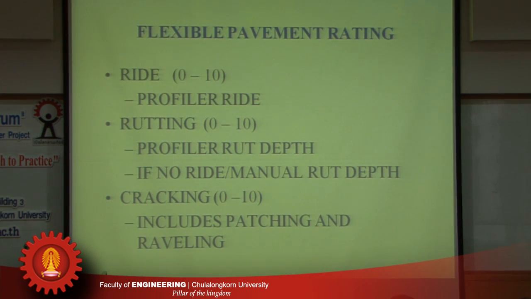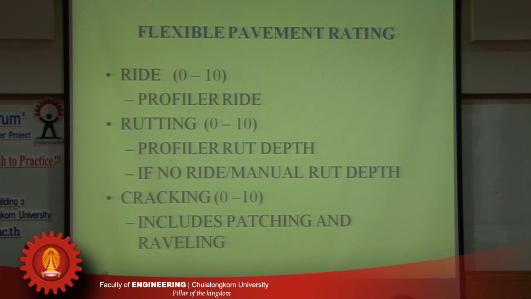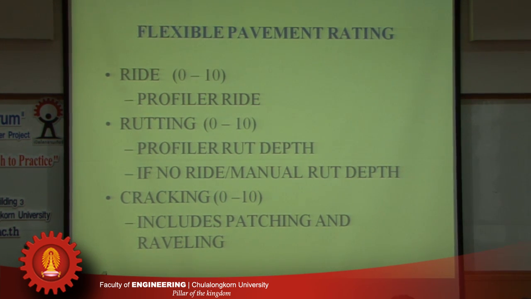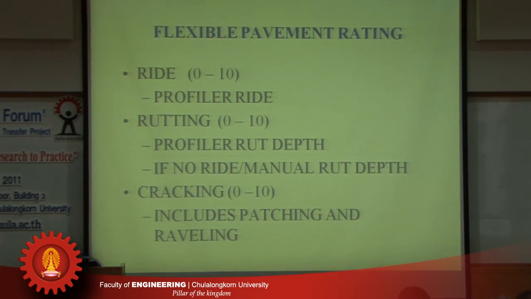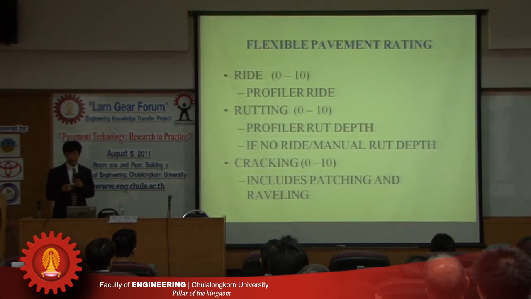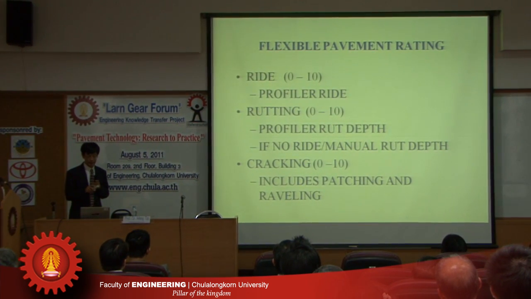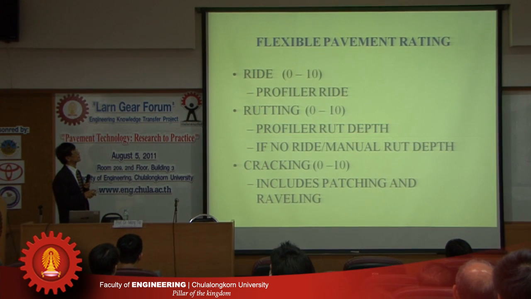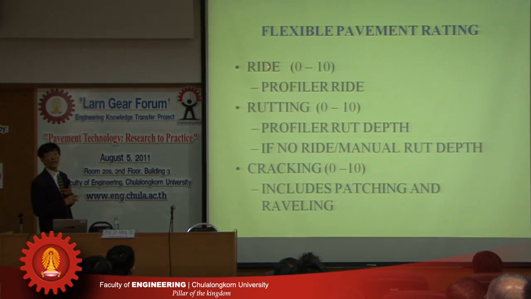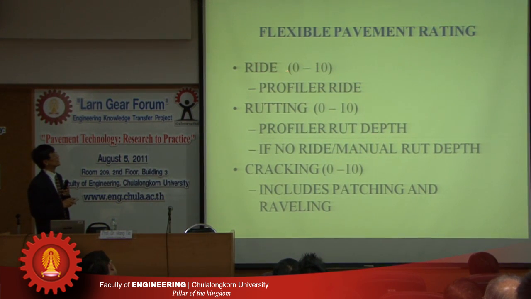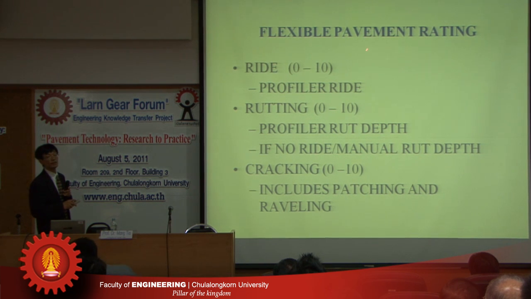Okay, I'm going to share about how flexible pavements are evaluated, and then also how rigid pavements are evaluated. Flexible pavements are evaluated in these three areas. One is the ride quality, rating from 0 to 10, where a 10 would be a perfectly smooth surface. 0 would be the worst you could have. So it's rated in terms of ride number.